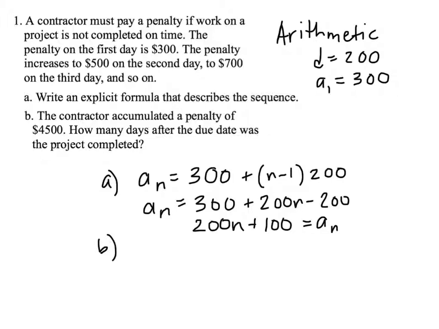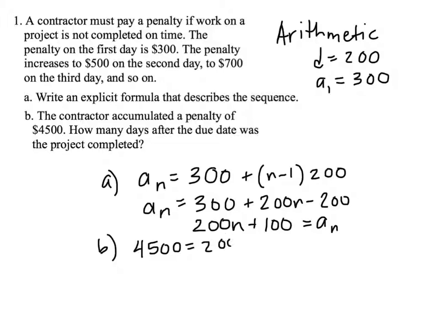Okay? So the contractor got a penalty of $4,500. How many days after the due date was the project completed? Well, we're going to use our formula, and we're going to put 4,500 in for a sub n. And we are finding n. So 4,500 equals 300. Oh, no, let's not do that. Let's use our formula just above.